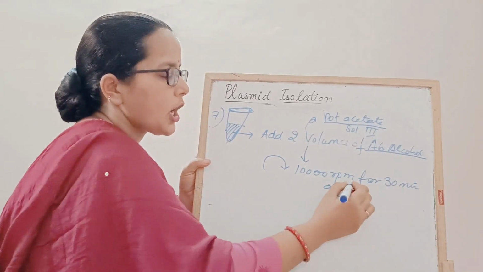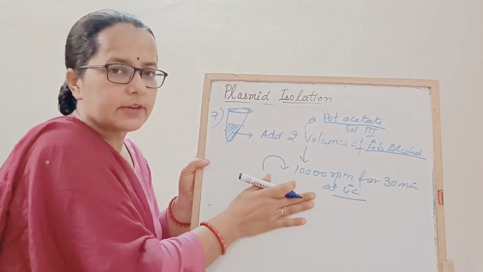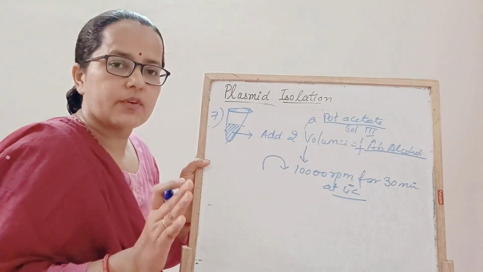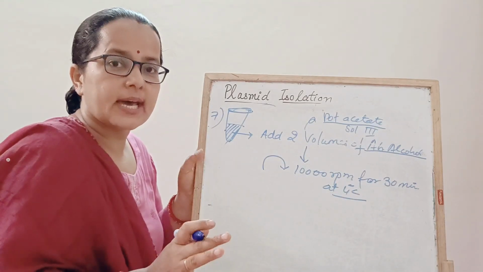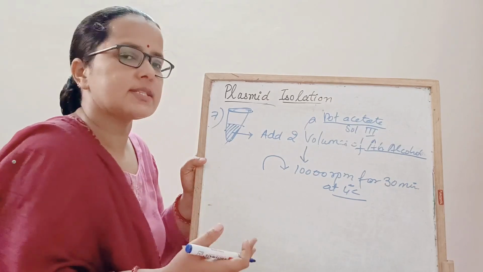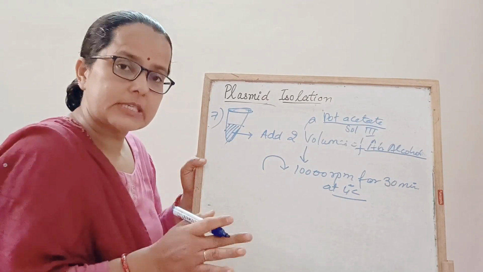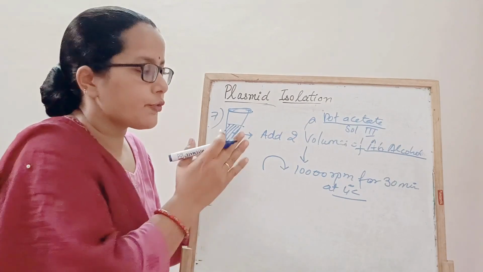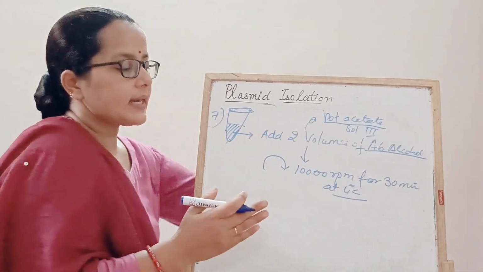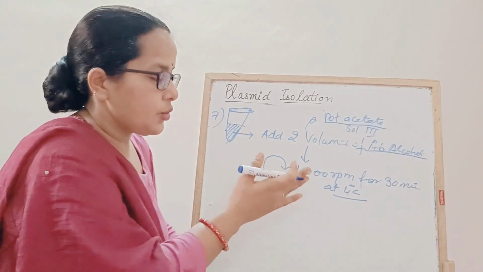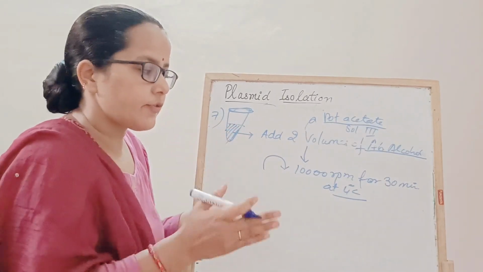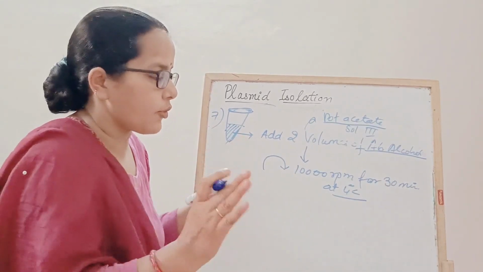Remember that this centrifugation should be done at 4 degrees. Whenever you are working with phenol chloroform, you need to do all the centrifugation at room temperature. But whenever you do precipitations after addition of alcohols and salts, you have to do your centrifugation at 4 degrees.